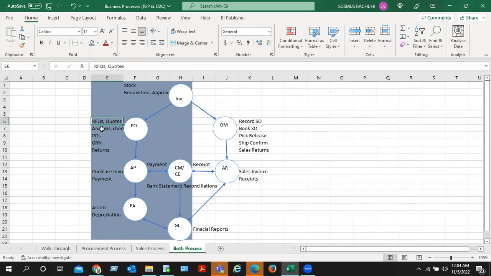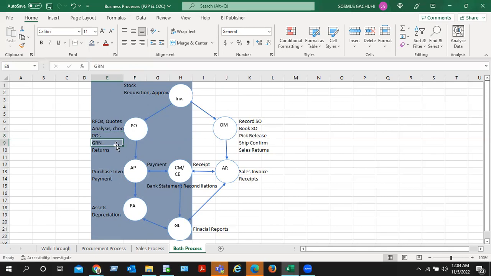We receive the quotes, we do quotes analysis, and of course we choose the best quote. Then after that we place the order, that is the PO, purchase order, and once the supplier receives the purchase order, they will supply goods to the organization.